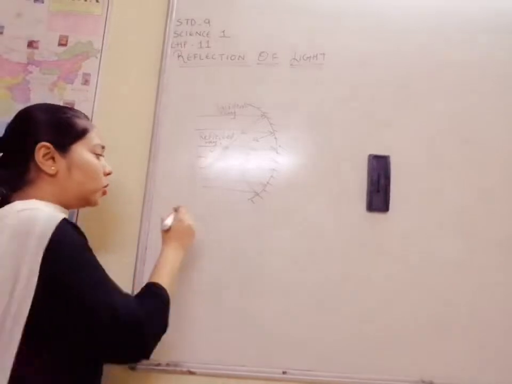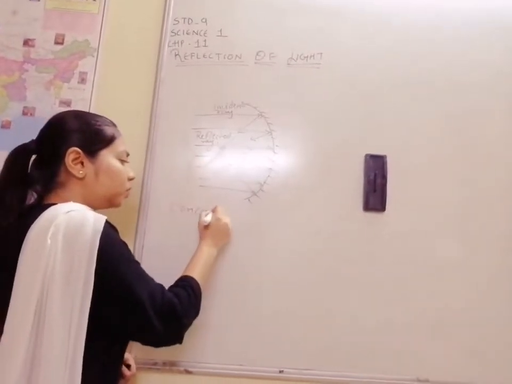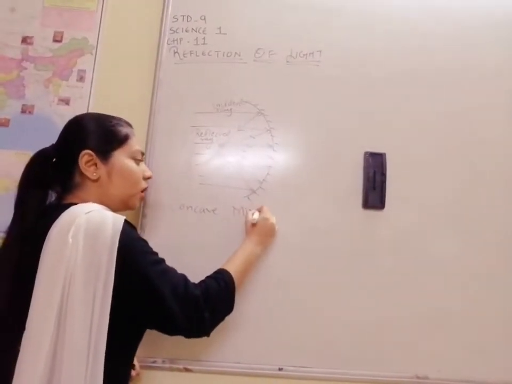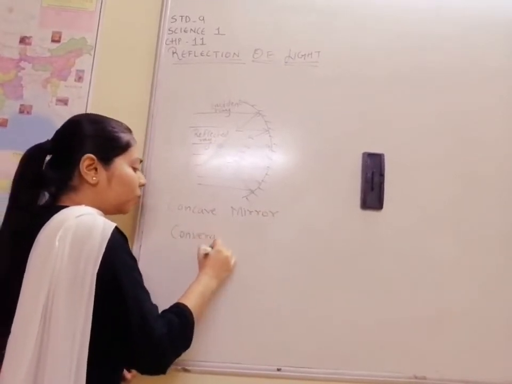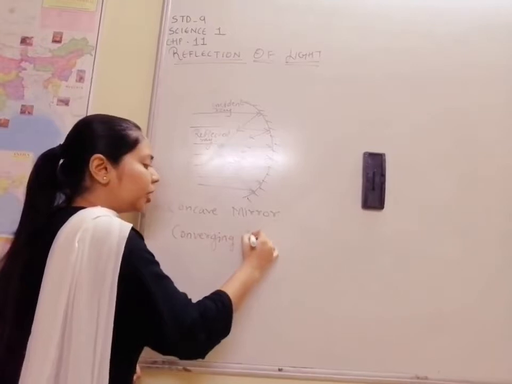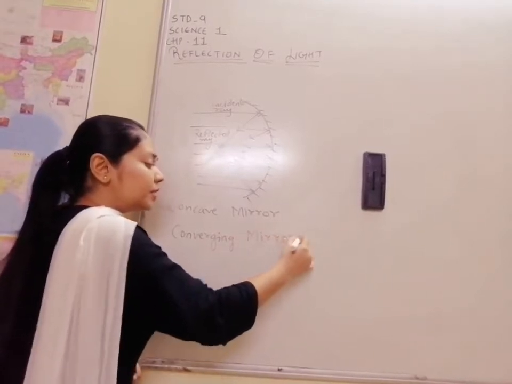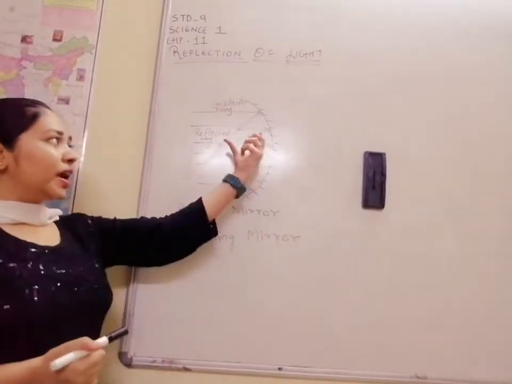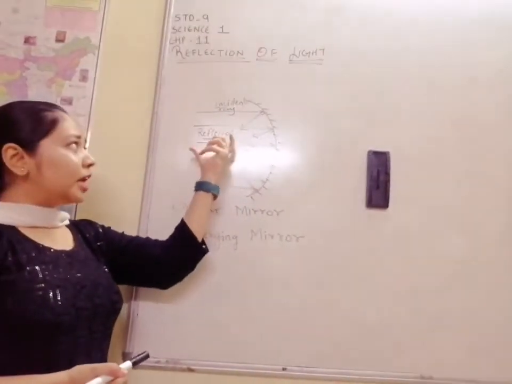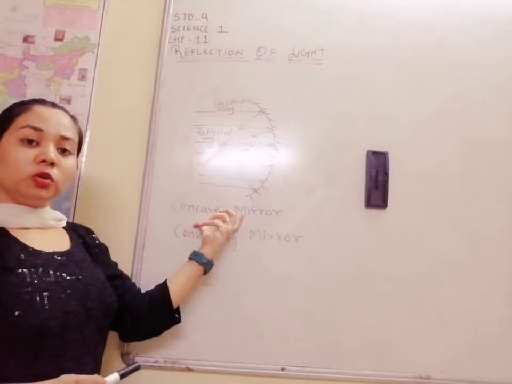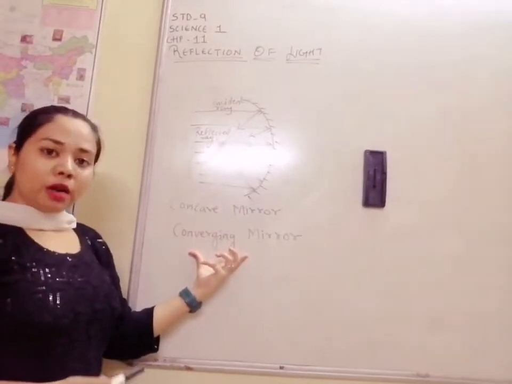So that's why concave mirror is also known as converging mirror. What is it known as? Converging mirror, because all the incident rays are coming to one single point, converging at one point. Why?